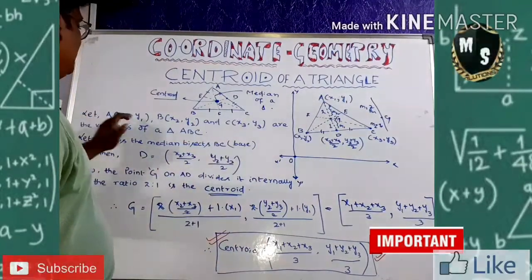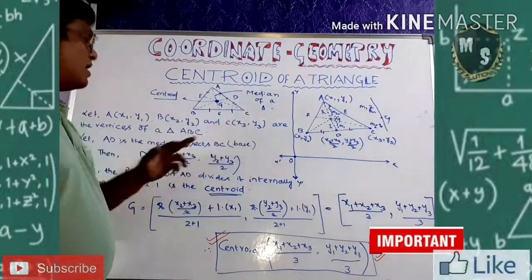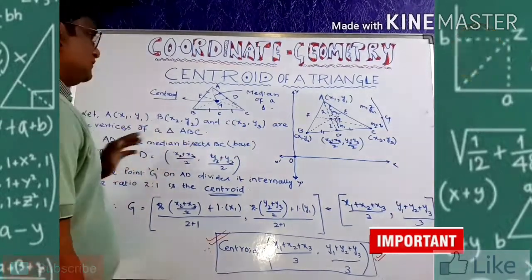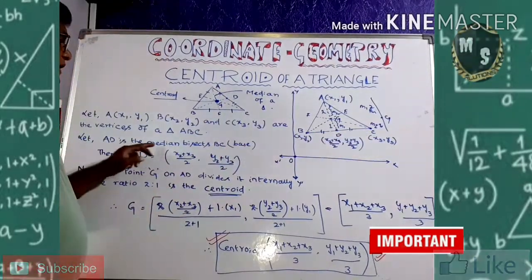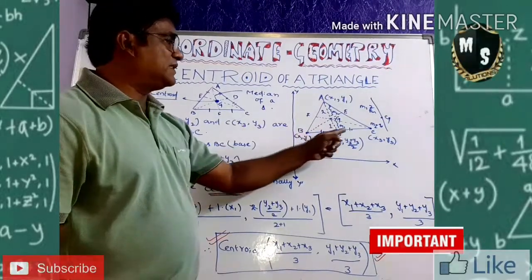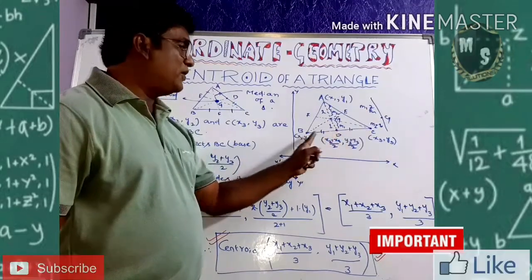Let A (x1, y1), B (x2, y2) and C (x3, y3) be the vertices of triangle ABC. Okay, you understood the vertices of a triangle. Now AD is the median which bisects BC, that means BD is equal to CD, and D is the midpoint of BC.